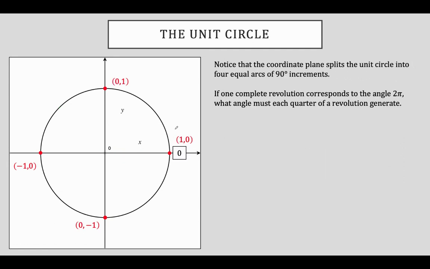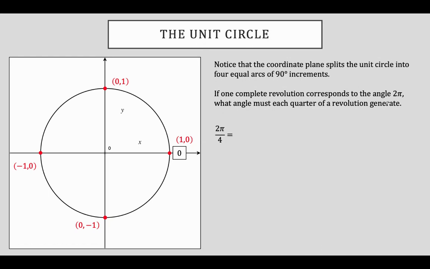Now, let's take a look here. Notice that the coordinate plane splits the unit circle into 4 equal arcs of 90-degree increments, right? This would be 90 degrees here, another 90 degrees, another 90 degrees, and another 90 degrees to get to 360. If 1 complete revolution corresponds to the angle 2 pi, as we talked about, what angle must each quarter of a revolution generate?